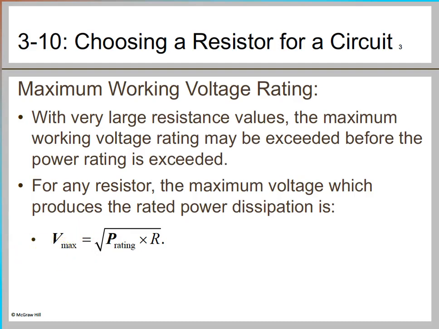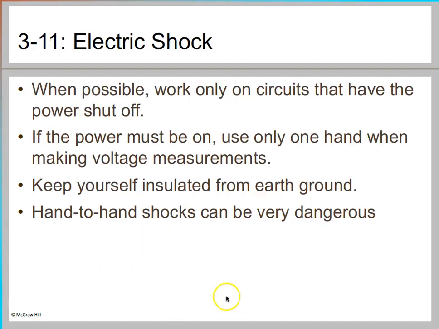You can see that the square of V max is directly proportional to the resistance. So if you have a large resistance value, then your maximum working voltage rating will be higher. That's the formula you can use, and to calculate the working voltage, you need to know the resistance value and the power rating.